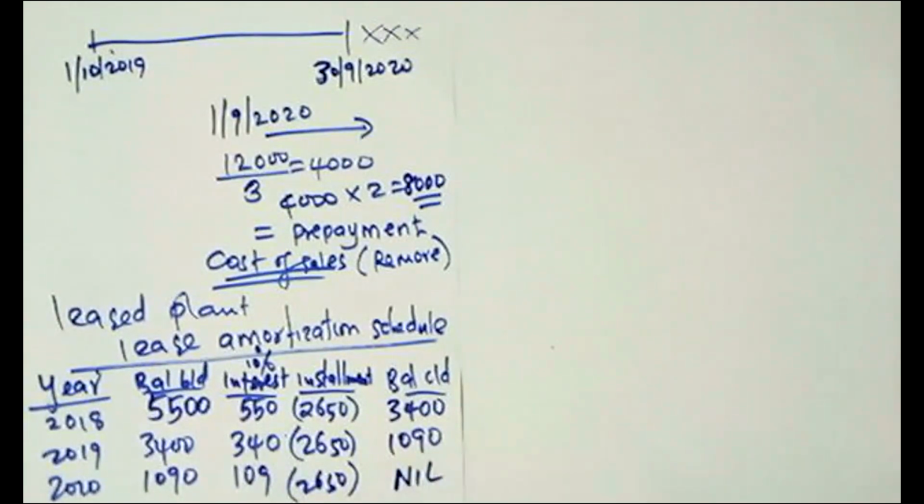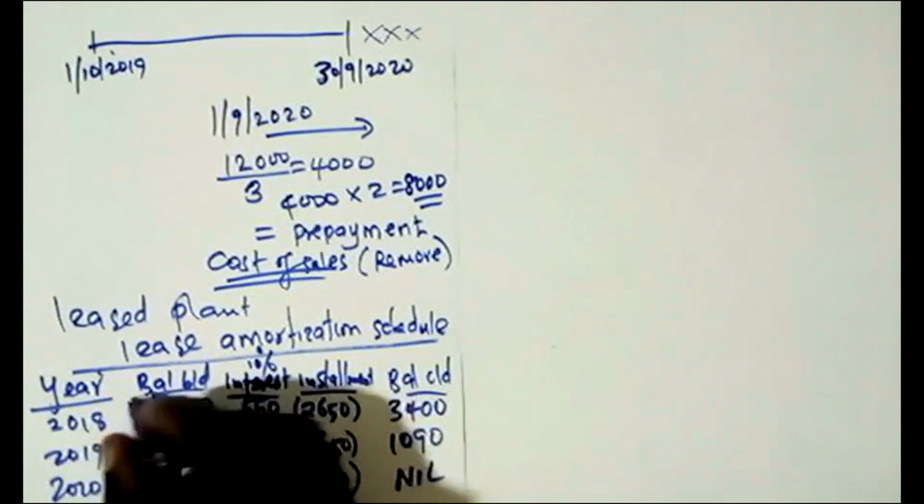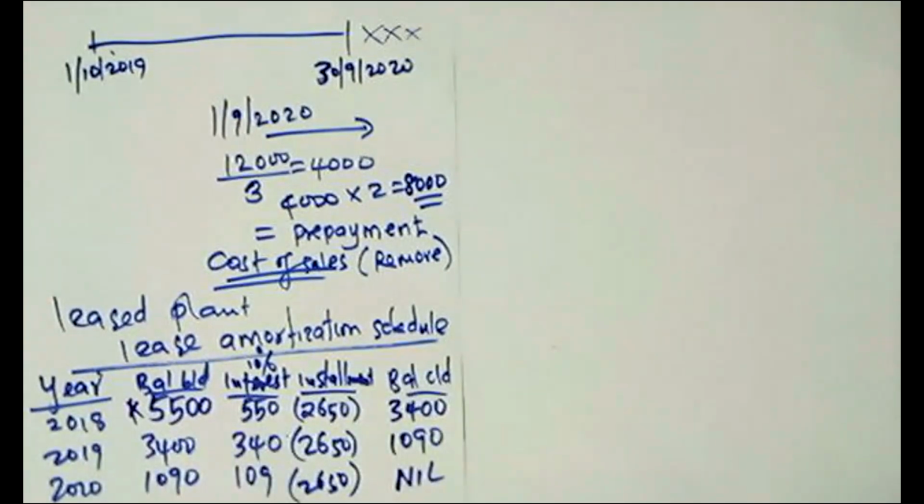So which means that this amount was even paid before the end of the 4 years. The amount of 55, this amount was settled before the end of the 4 years, because there I can see the balance by the 3rd year, it's a nil, which is a negative. That is why I never recorded anything.